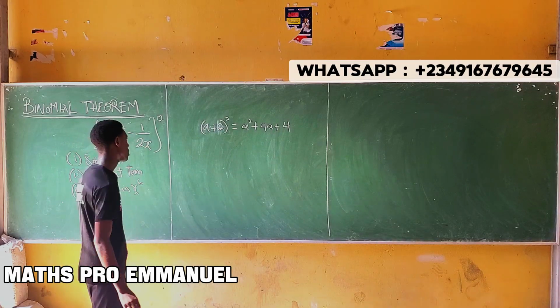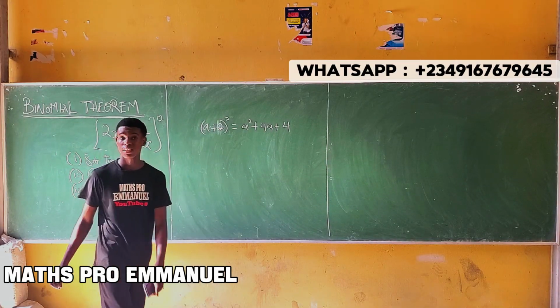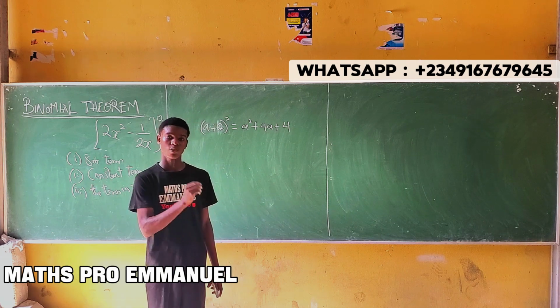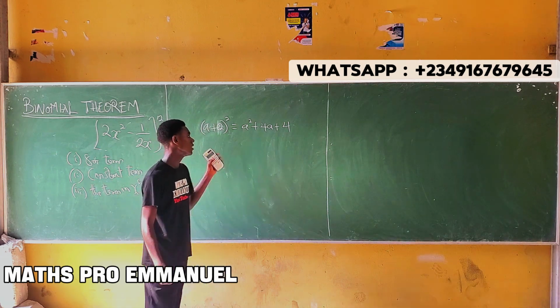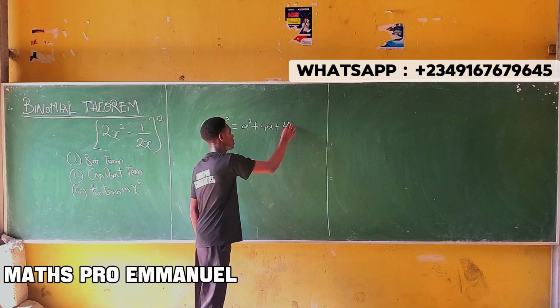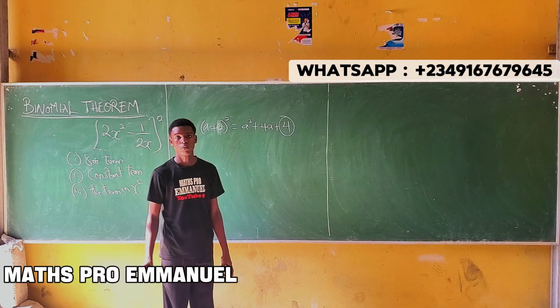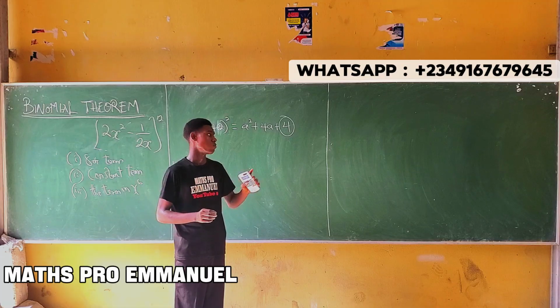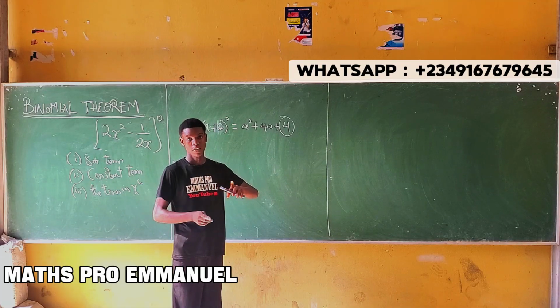Now, I want to explain constant term for you. When you hear the word constant term, it is a term that has no x, that the index of x is 0. So looking at this expansion now, the constant term here is 4, because 4 is just constant. There is no x with it. So that's just the layman understanding.